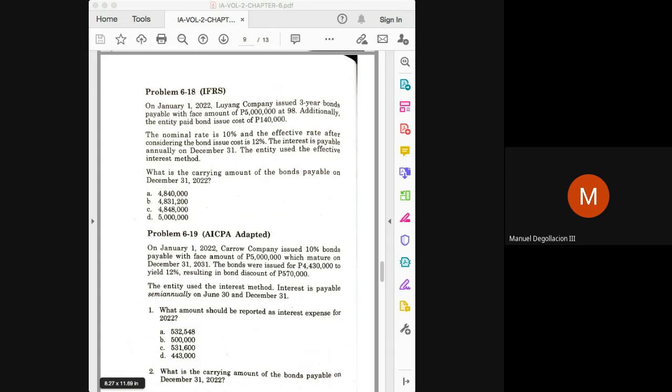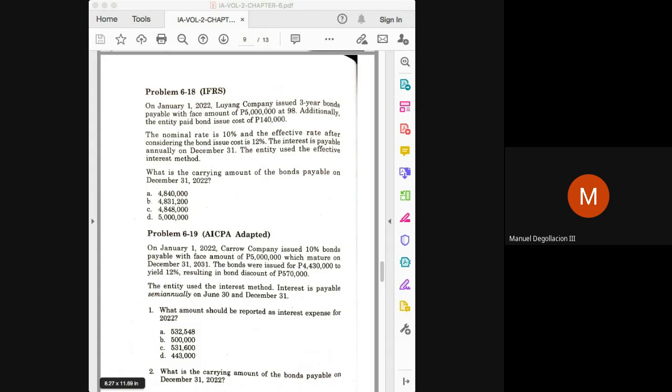Now, how do we solve for the amortization for the year using the effective interest method? We compare the interest expense with the fixed interest payment. That means we need to solve first your interest expense.